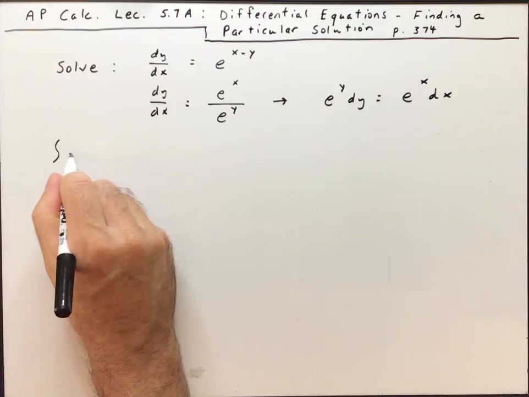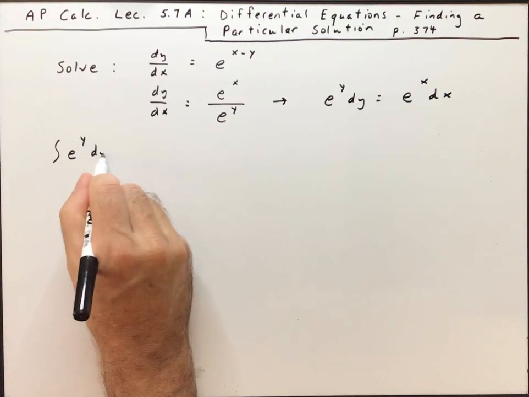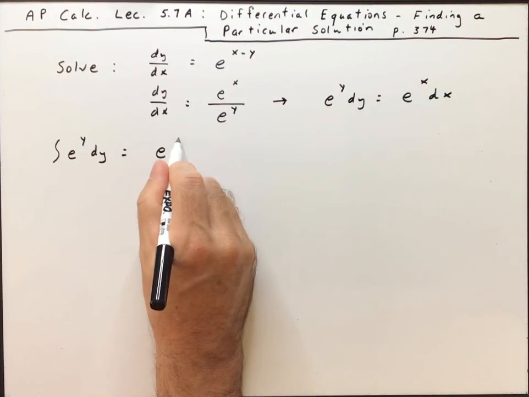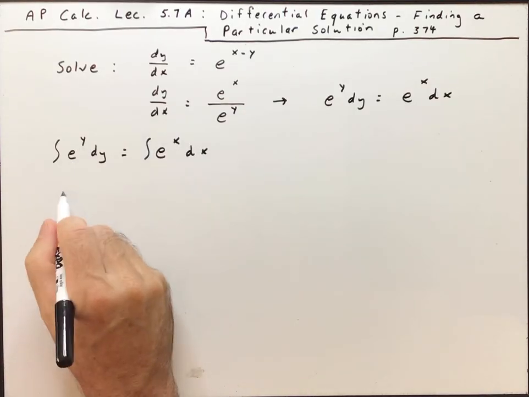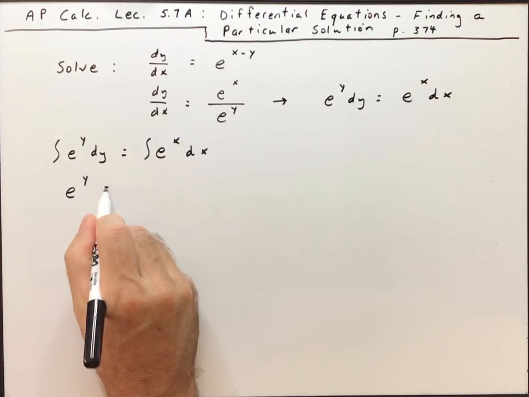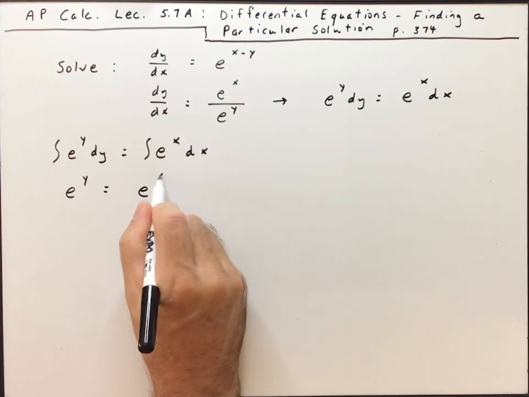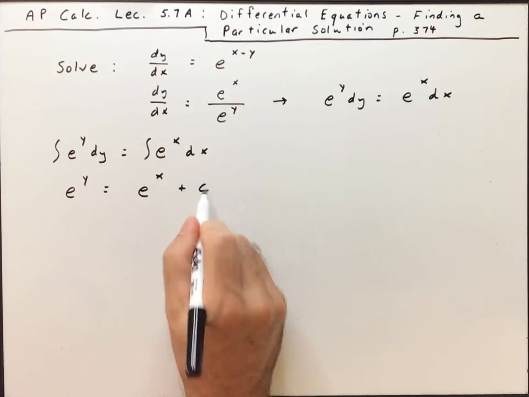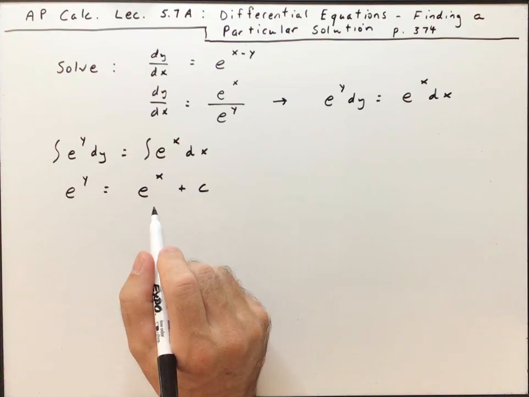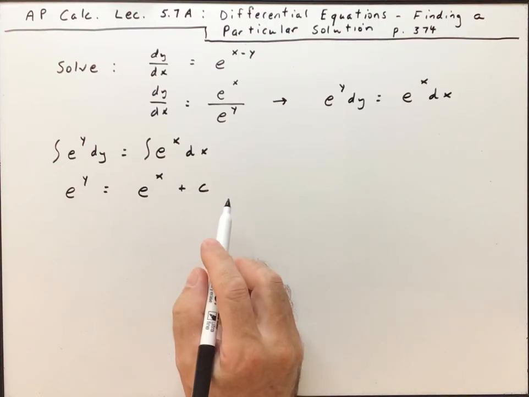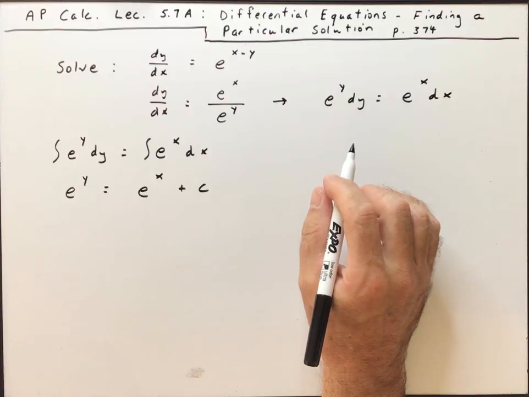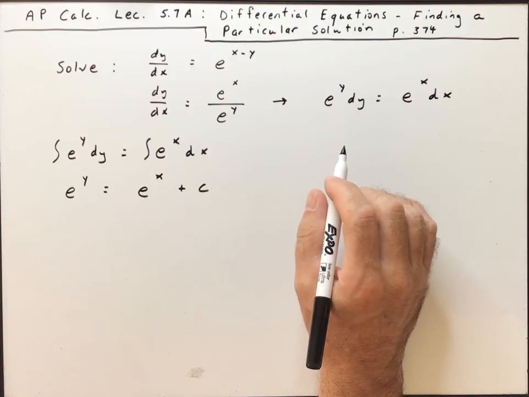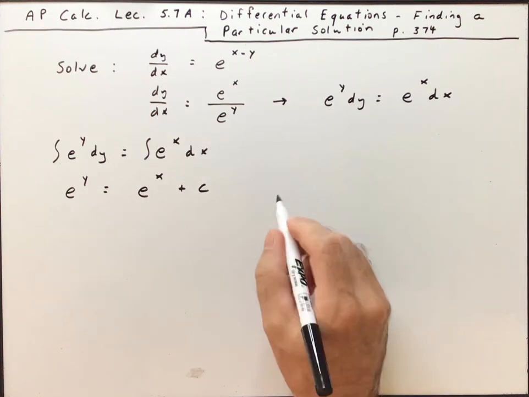Now we will integrate both sides. And the antiderivative of e to the y is just e to the y. And that's going to be equal to e to the x plus c. So that's our general solution. Let's find the particular solution at the point, how about 0, 1?